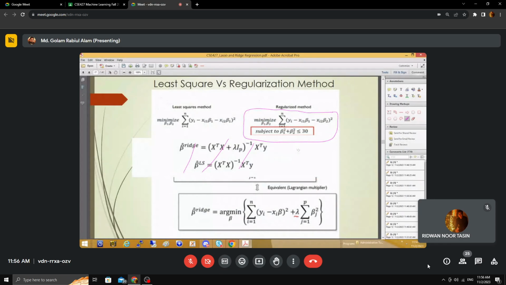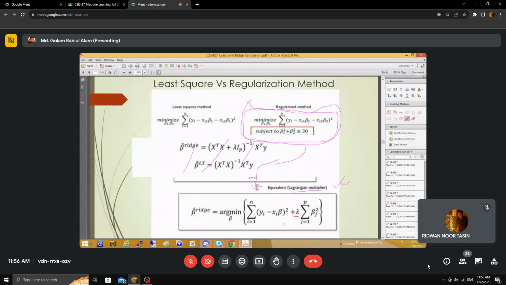And then if we apply the Lagrangian method here, we will get a similar problem like this. So this one is our original regularization objective function with the constraint, but after making it dual and applying the Lagrangian multiplier, we will get the same problem.